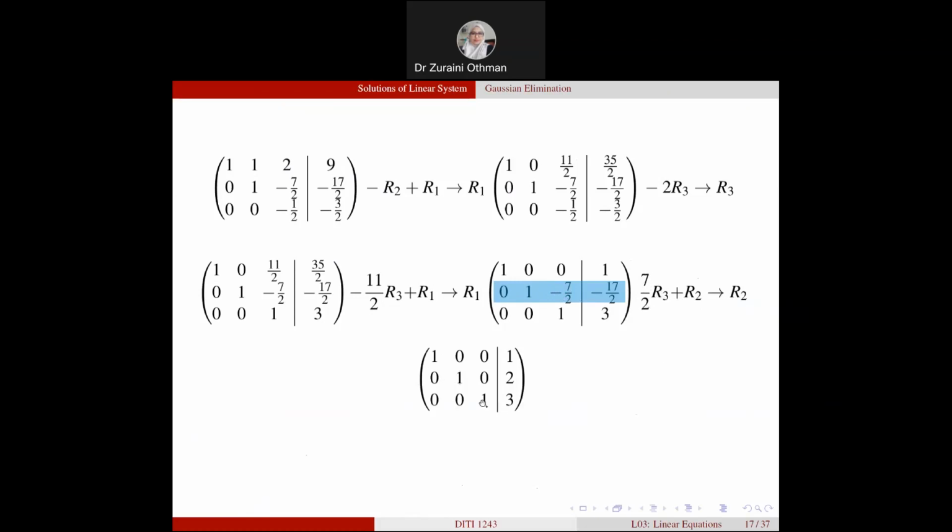So we get this. Okay, until we get identity like this, so we know already this is the X value, Y value and Z value. And we get the solution. Okay, stop. We get the system of linear solution.